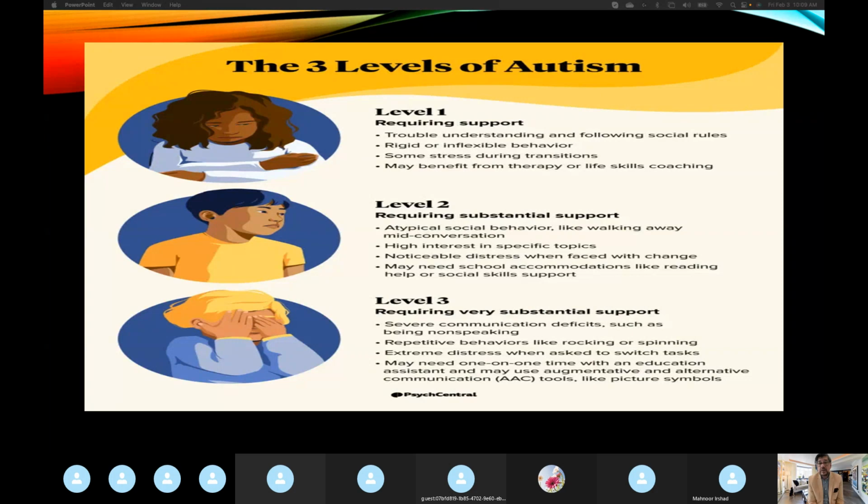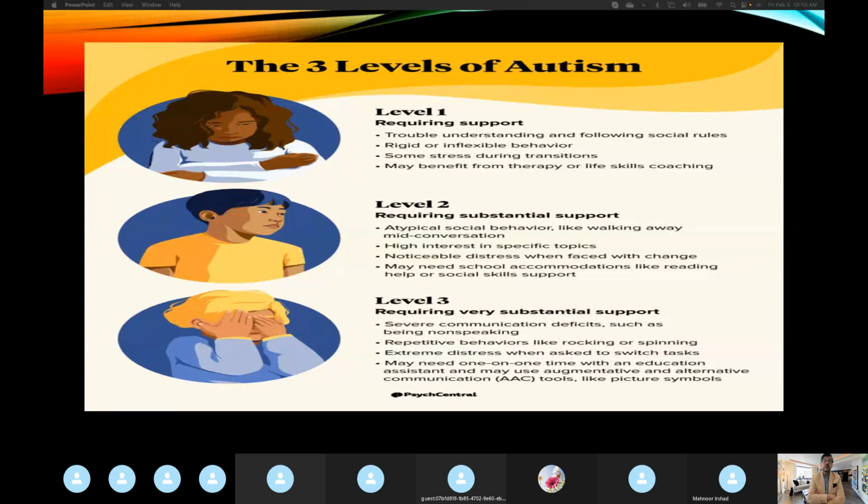There are 3 levels of autism. Level 1 requires only support: trouble understanding and following social rules, rigid and inflexible behaviors, some stress during transition, and may benefit from therapy or life skills coaching.